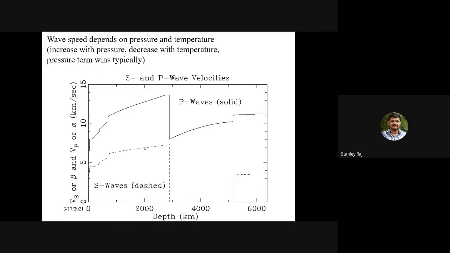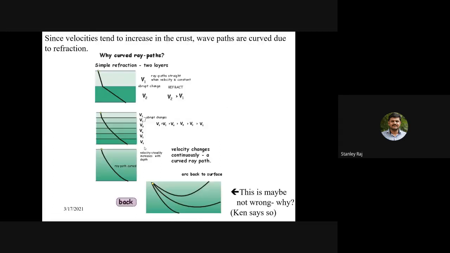Wave speed depends on pressure and temperature also. So the depth varies: 0 to 2000, 4000, 6000 kilometers. Based on the temperature and pressure, how much it varies. Since velocities tend to increase in the crust, wave paths are curved due to refraction.